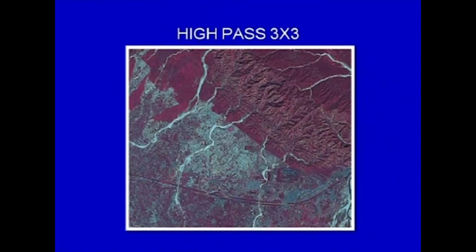This particular slide shows us a high pass filter using a 3 by 3 window, and what we can see here is a very fine demarcation between any two object boundaries which are there, whether it is between forest or dry sand in the river, or it is the agricultural field and the bare soil.